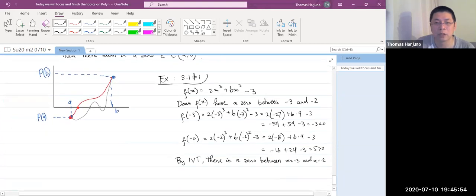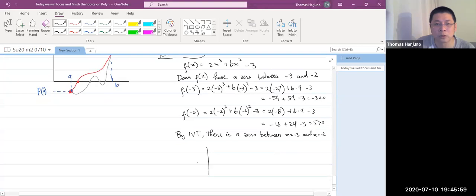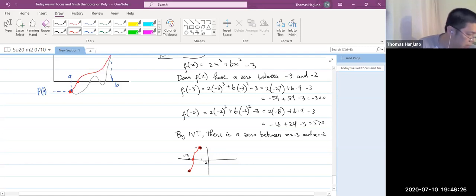Pictorially, when x equals -3, that's -3. When x equals -2, that's +5. So from this point going to that point, you eventually have to cross the x-axis at least once.